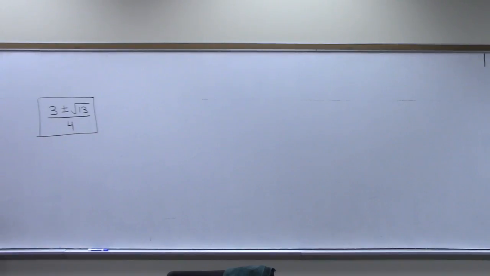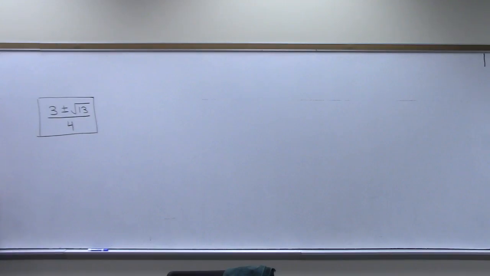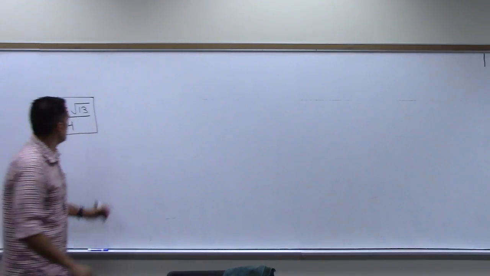I'd actually like you to get on your calculators and tell me what the square root of 13 is. And let's just get it to 1 or 2 decimal places. So what is it? 3.60 approximately.